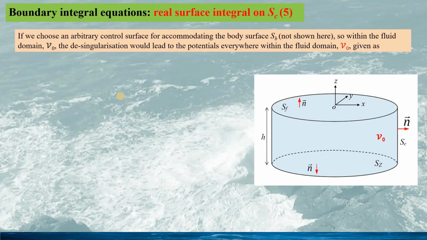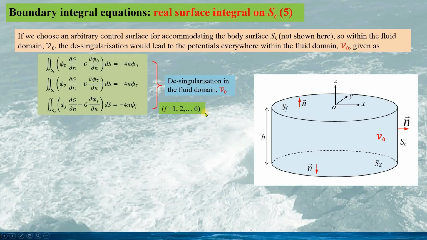As we have already shown, based on the Green's theorem, the de-singularisation within the fluid domain V0 would lead to the potential in the fluid domain given by these expressions. Here are the potentials on the right-hand side. Phi 0, phi 7, phi j are given everywhere in the fluid domain.